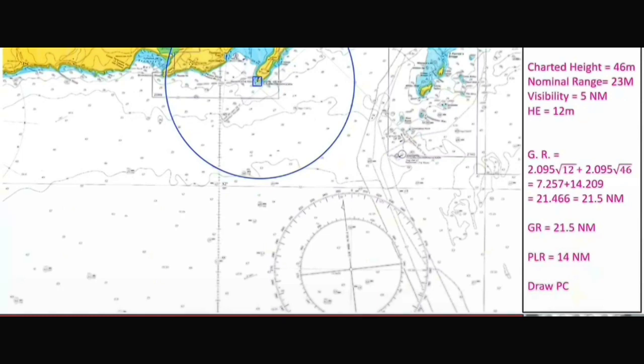To calculate geographical range, you need to know the height of eye or height of observer and the height of the object, that is height of the light. Height of the eye has to be either given in the question or could be given on top in the general remarks in the question paper. Height of the light can be taken from the chart.